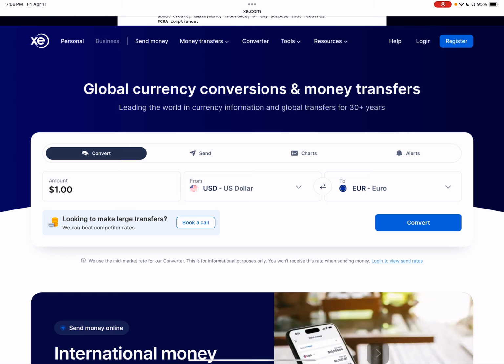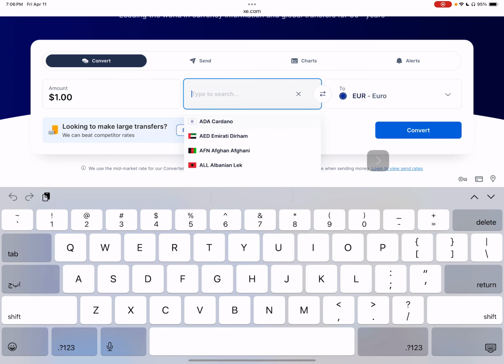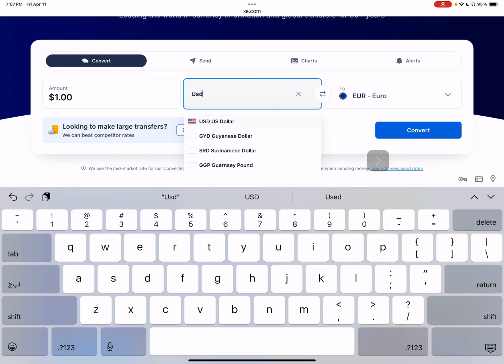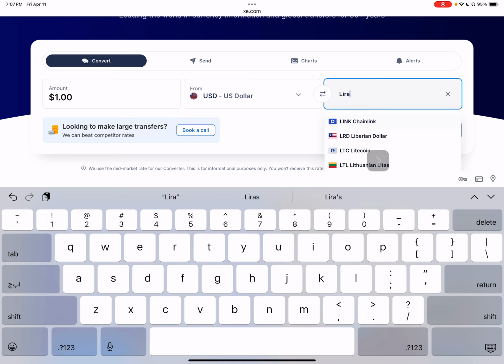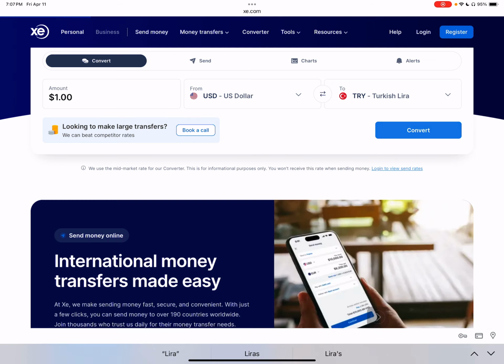For example, I want to know how much one US dollar is in terms of, say, Turkish lira.